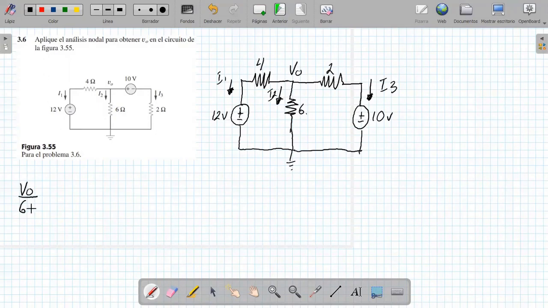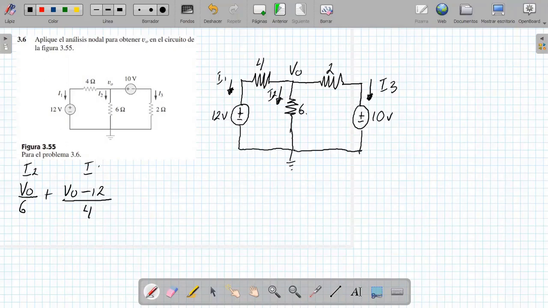Plus the current I1. In this case, if the current flows in this direction, V sub 0 is assumed to be greater than the 12 volts of this voltage source. So it would be V sub 0 minus the 12 volts over the 4 ohms.